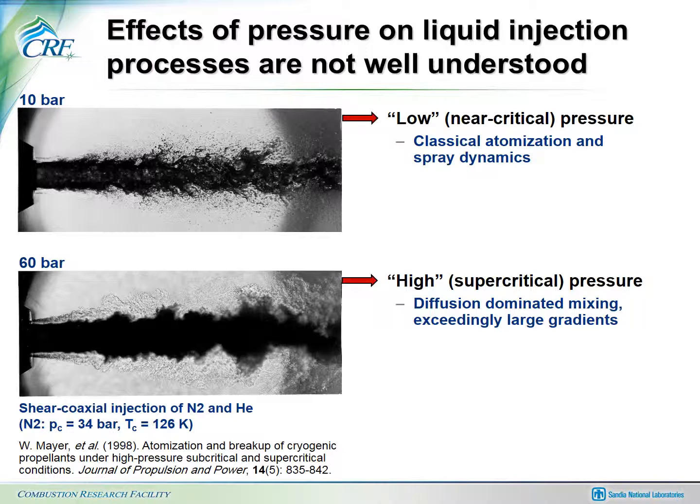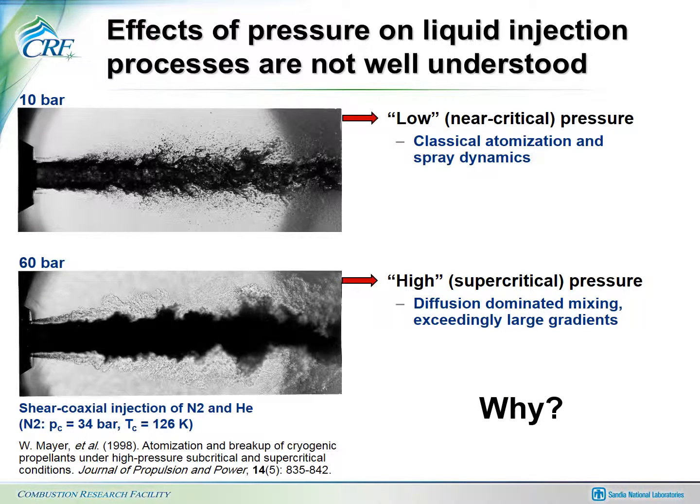And what we see at the lower pressures is something that looks like classical atomization. As we go higher and higher in pressure, and temperature plays a role in this too, we go from classical sprays where we see drops to diffusion-dominated mixing with exceedingly large gradients, such as the image on the lower left. And so the question is why? What's really causing that?